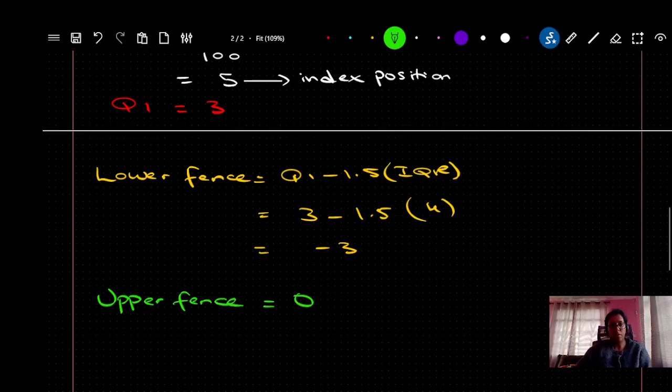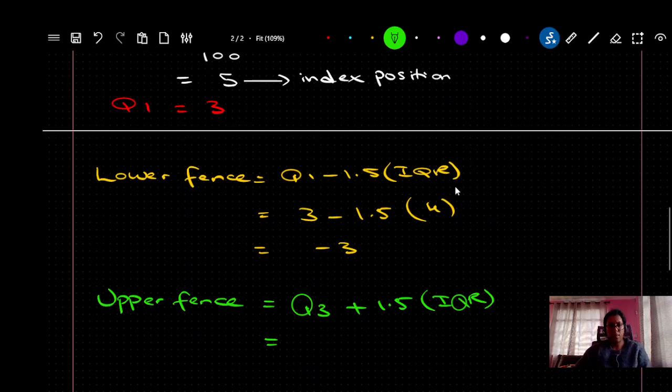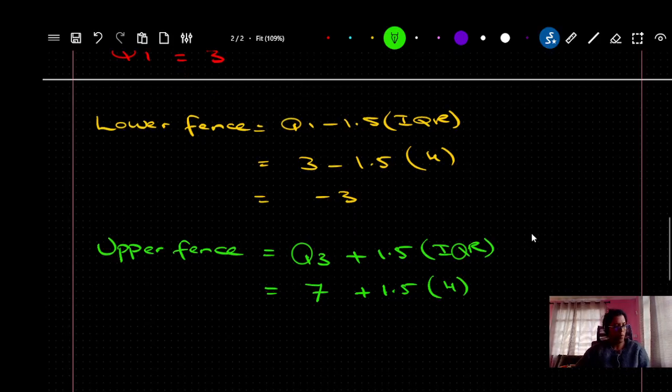Upper fence is Q3 plus 1.5 times the interquartile range. Q3 was 7, yes. 7 plus 1.5 times 4, which gave us a number of 13.